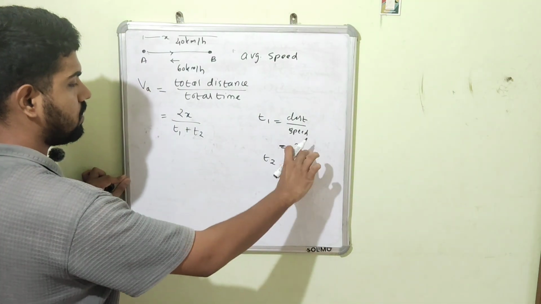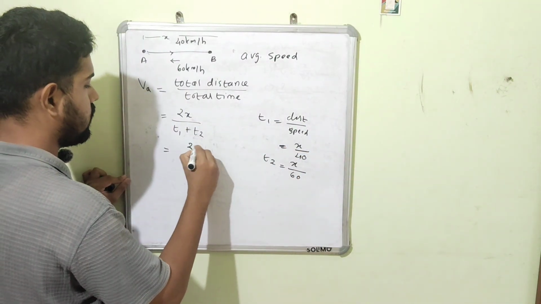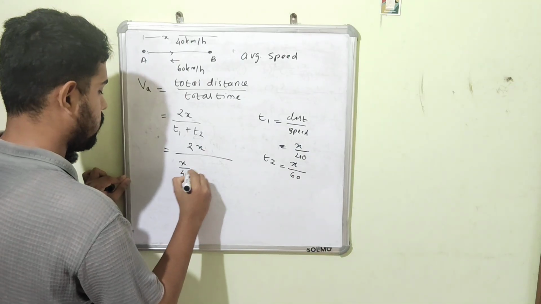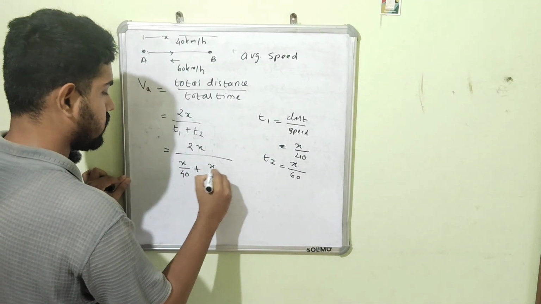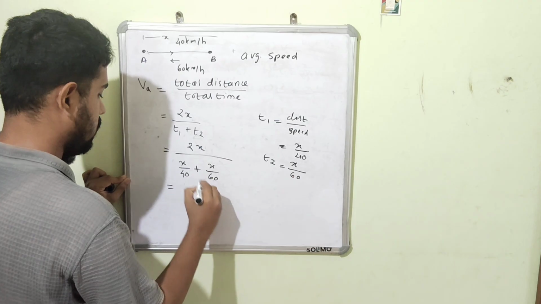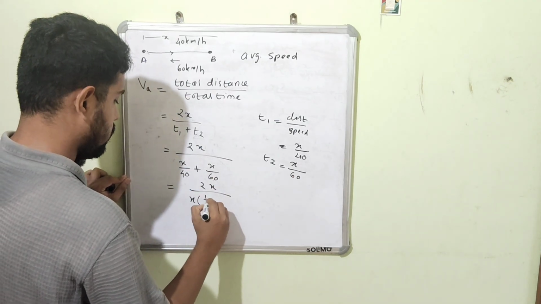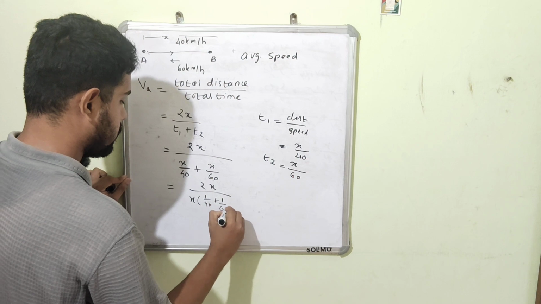So we can substitute these two terms in here. Then we get 2x by, for t1 let us substitute x by 40 plus t2 x by 60. Then let us take x outside, then we get 1 by 40, 1 by 60.